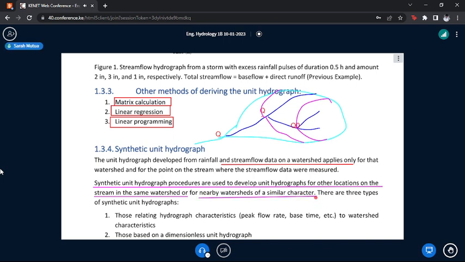And when we say similar character, what are we talking about? Watersheds have a number of characteristics. For example, we have the law of linear, we have, for example, the bifurcation ratio. We have the stream network, the stream order. We have things like, I'm trying to remember, there are many things.